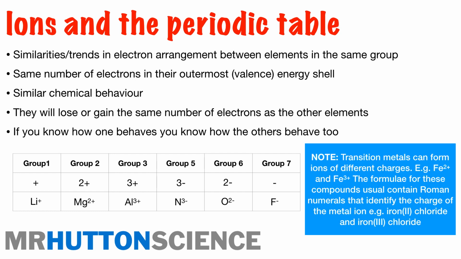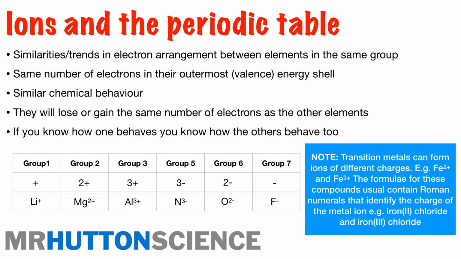Okay, another note to be made aware of, transition metals. They are in many of the compounds you will come across, that big block in between groups 2 and 3 on the periodic table. They can form ions of different charges. So you've got, for example, iron, I-R-O-N, an iron can either be Fe2+ or Fe3+.